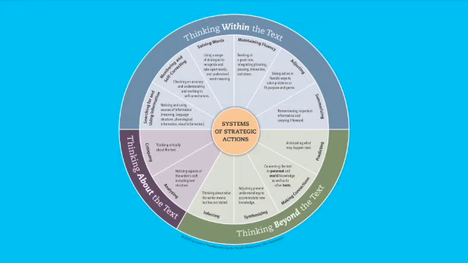And you'll see in the video coming up here how I try to highlight certain strategies based on some targets that I'm wanting students to be working towards. So in this Read Aloud, you'll see how the practice of Read Aloud can connect to that Systems of Strategic Actions Wheel from Fountas and Pinnell.